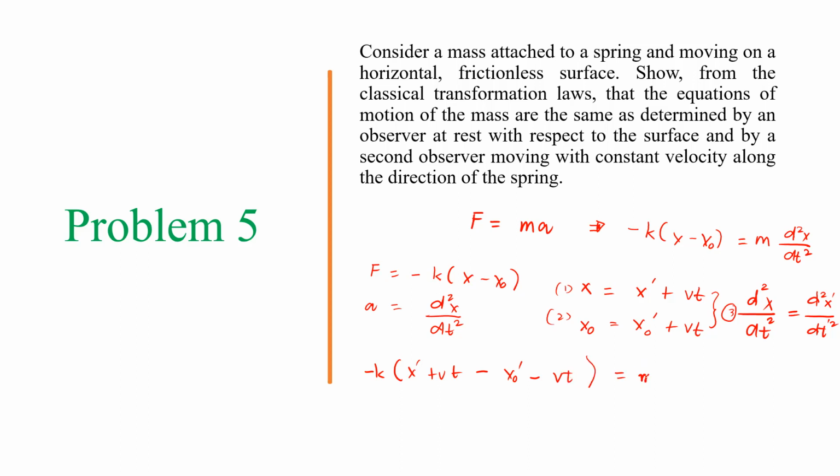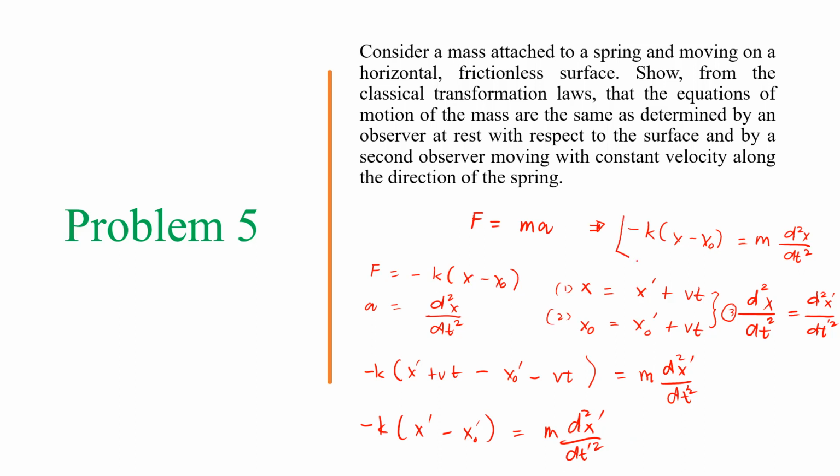So this is equal to m d squared x prime over dt squared. Canceling out plus vt and minus vt, we are left with minus k (x prime minus x naught prime) is equal to m d squared x prime over dt prime squared.